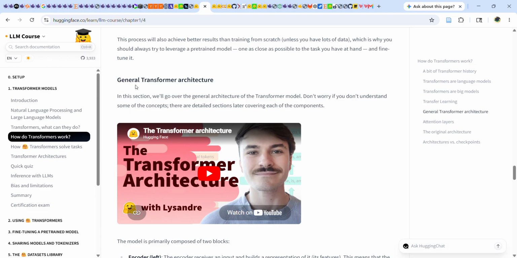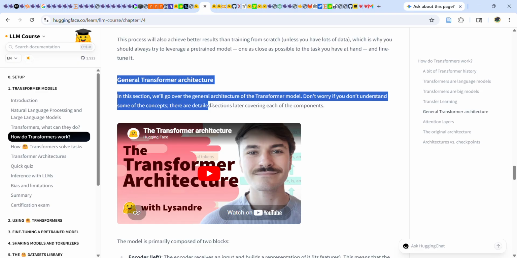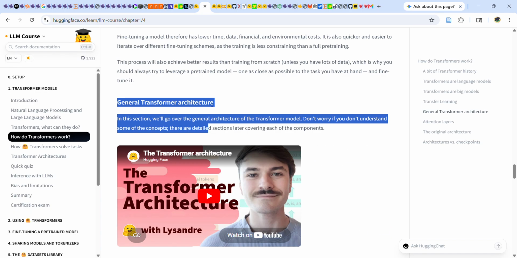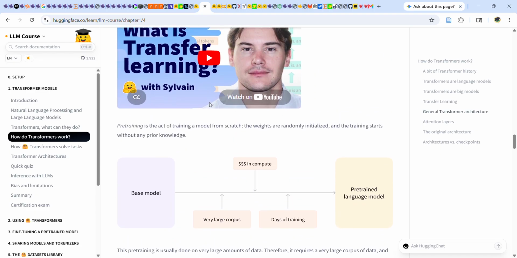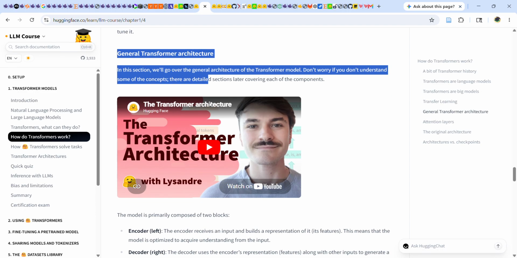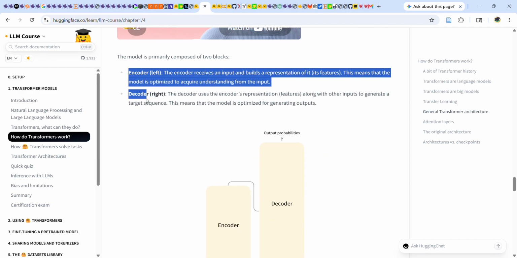We left off at the point where we had started the general transformer architecture. So basically, a transformer's architecture is composed of two things: encoder and decoder.